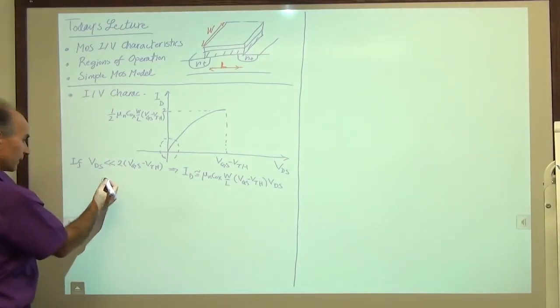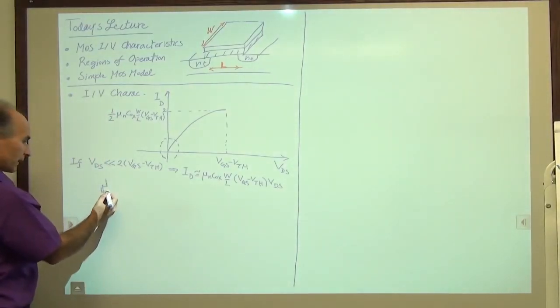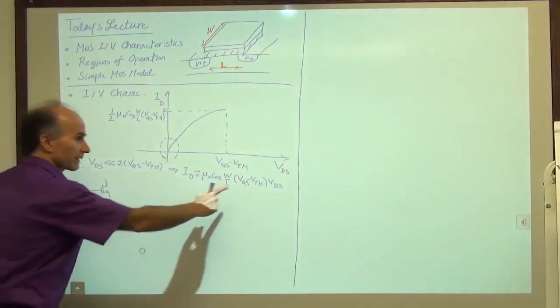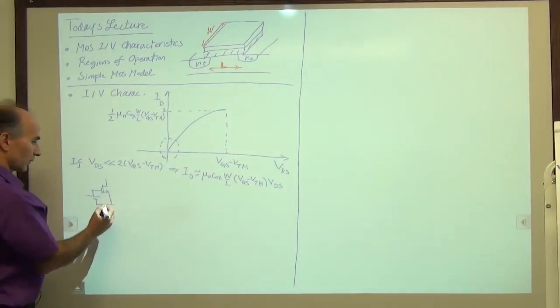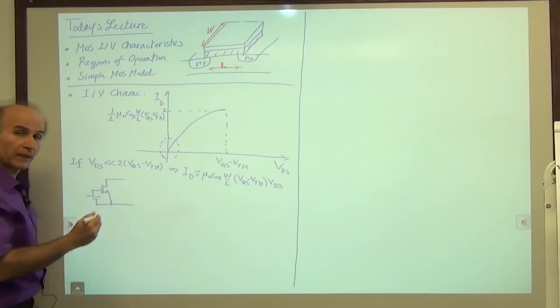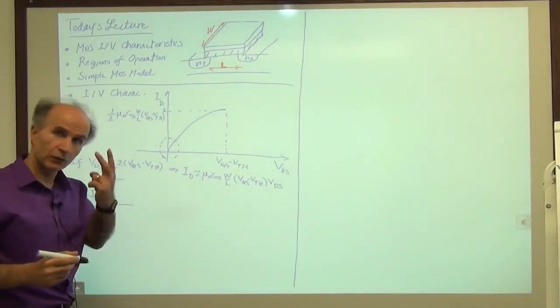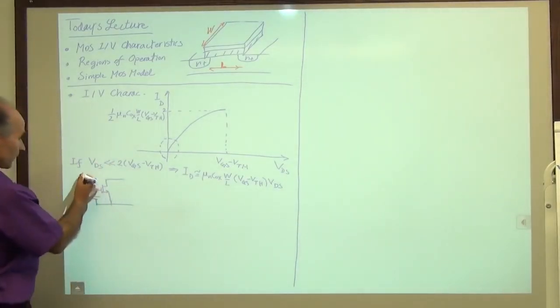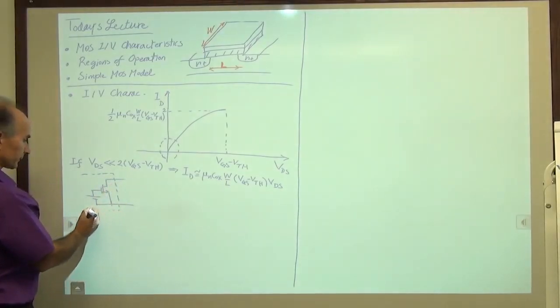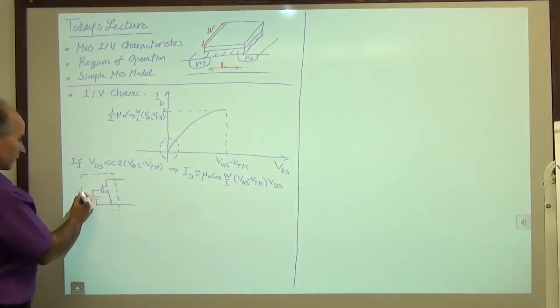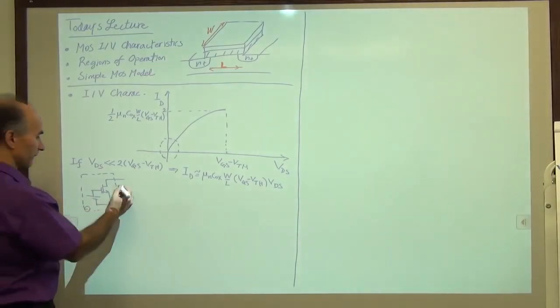So here's the test. Here's the setup. We have a device like this, and we have a constant VGS. So there's a battery connected between the gate and the source. And this whole thing is in a box, and it has only 2 terminals coming out. So here's the device in a box, and we have only 2 terminals out here.